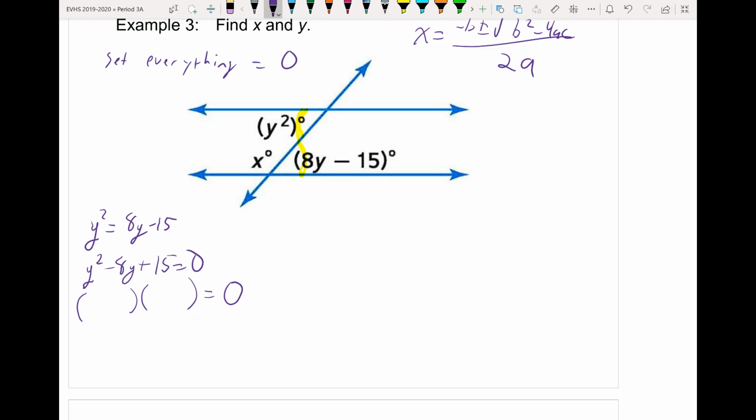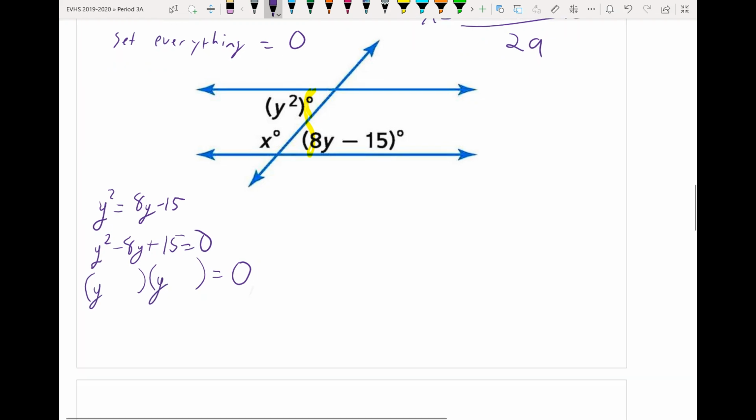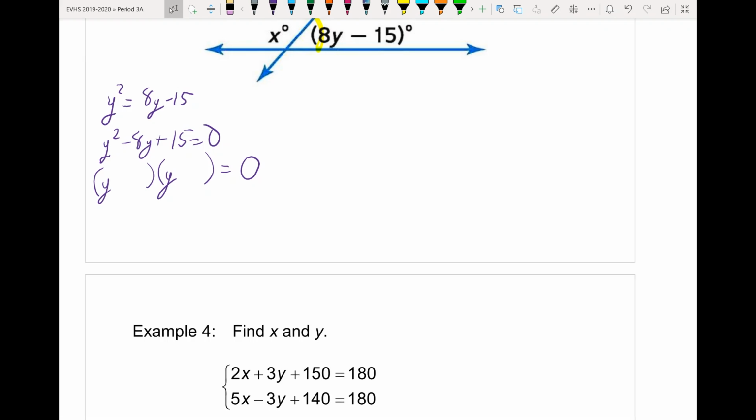Whenever you have a leading coefficient of 1, we get to just copy down the y's, and we might cover leading coefficient greater than 1 at a different time. But we've got y's at the front. We've got to come out with numbers that are going to make this whole thing work out on the rear positions. We're looking for numbers that multiply to give me positive 15 and add to give me negative 8.